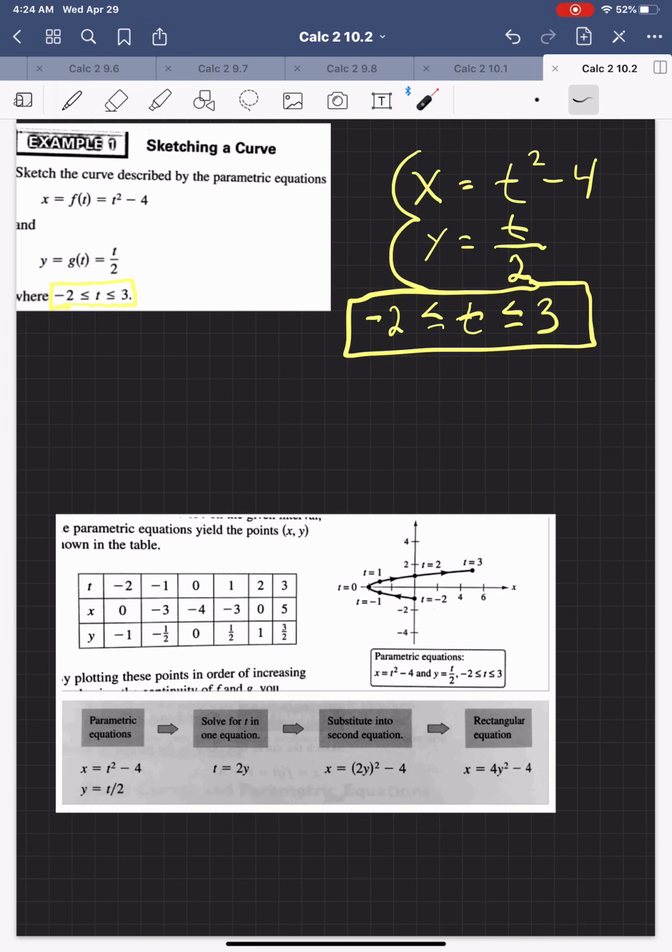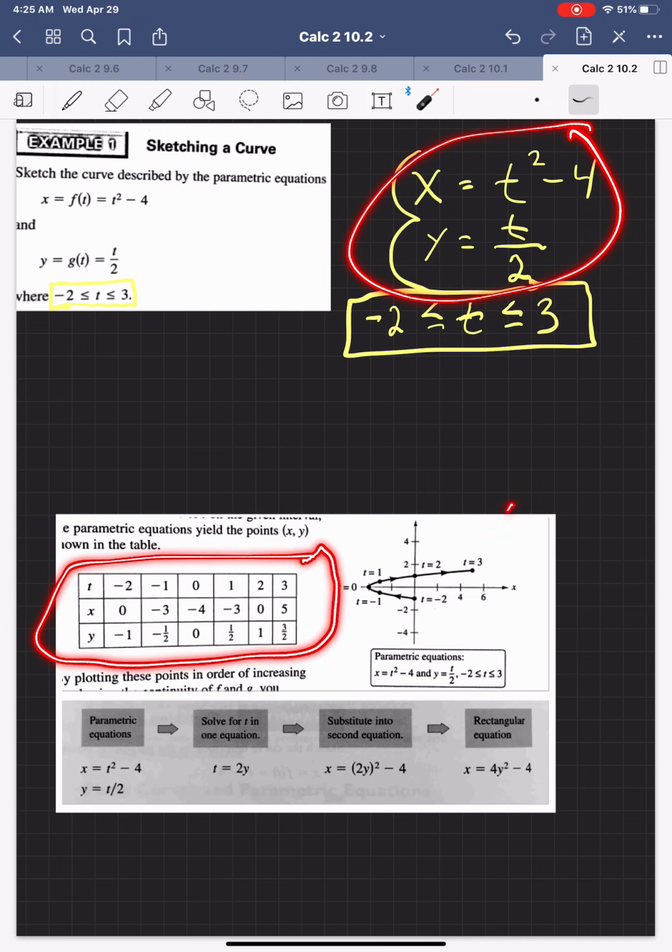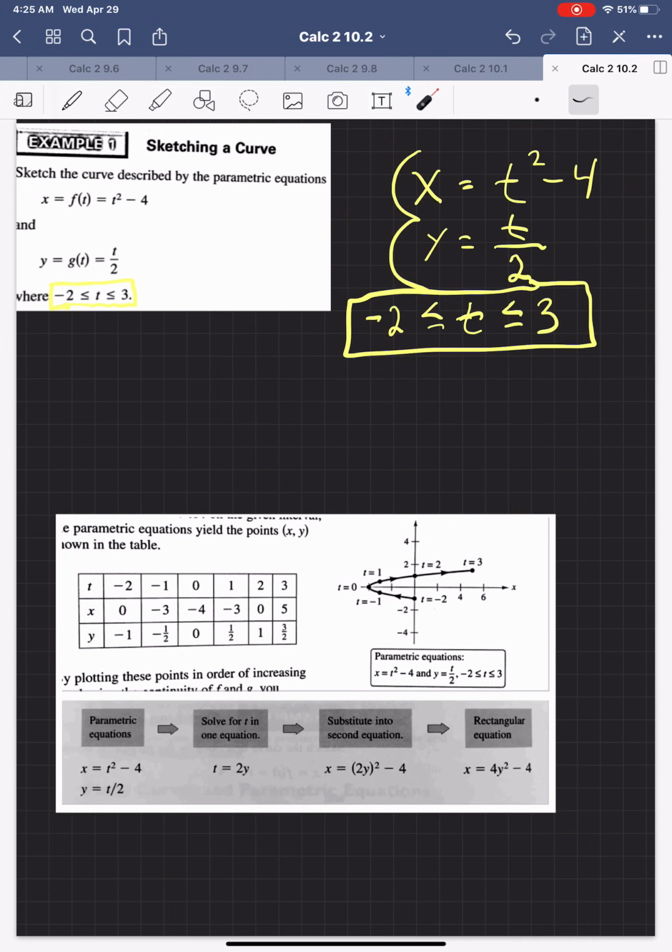All right, so what they're doing here is just creating a table. I've already shown you how to do this on your calculator, so you can graph this and see if you're getting what I'm getting. But here's the more important part.